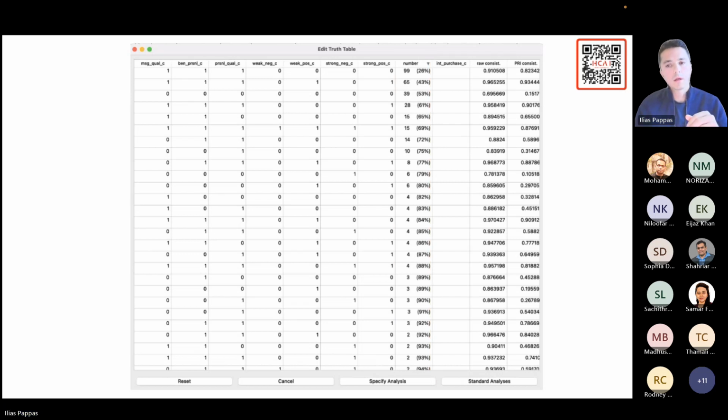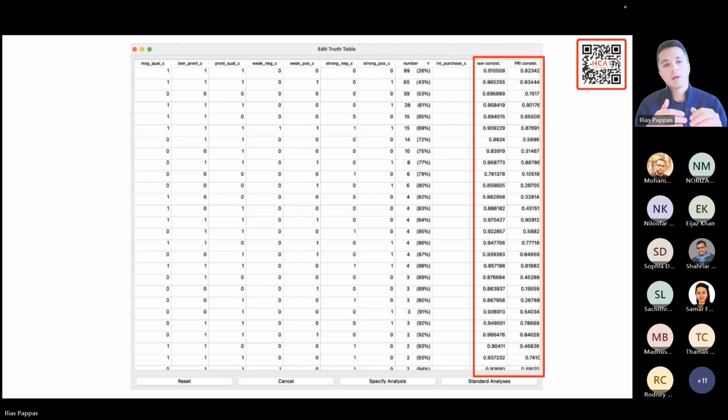And in addition to that, it's using those calibrated values to help me make a decision by calculating consistency. So consistency will tell me how much I can trust, how strong is this solution, how strong is this result. The higher the better. It needs to be over certain thresholds and so on.